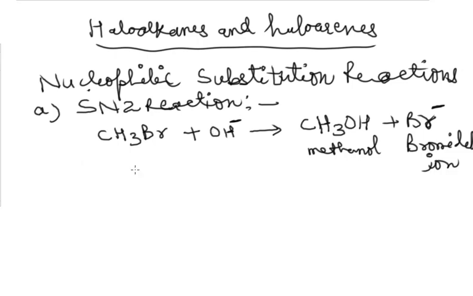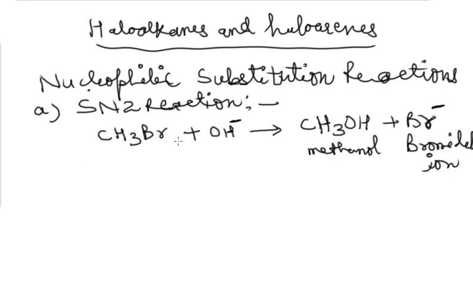Now the reaction between the methyl bromide, this CH3Br is the methyl bromide, and the hydroxide ion to form the methanol. The product is methanol. This whole reaction follows second order kinetics.